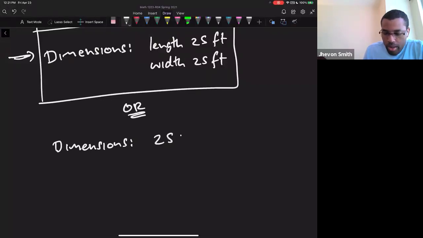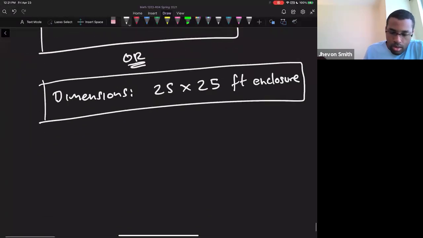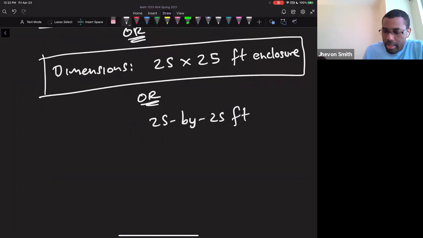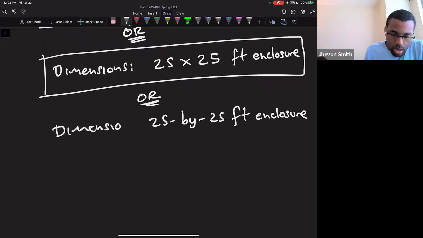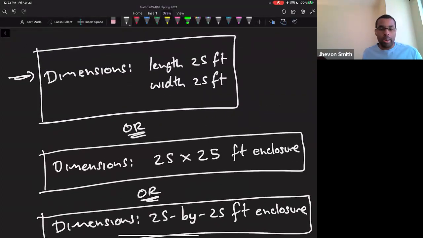So you can say it's a 25 by 25 foot enclosure. Or, 25 by 25. There are many ways to state the same thing. Right? But you have to state that somehow.